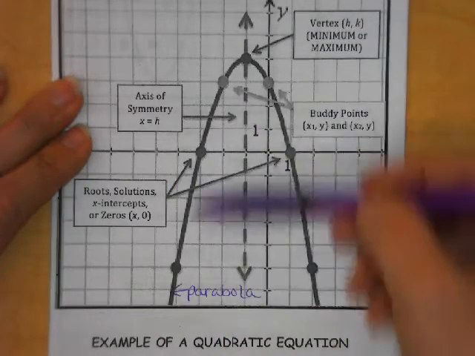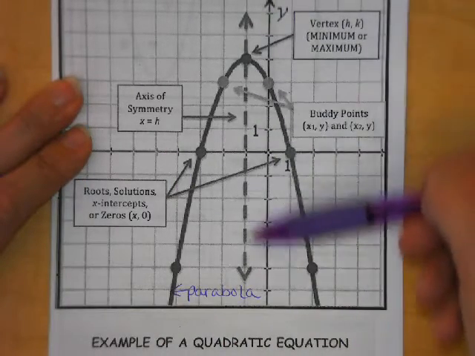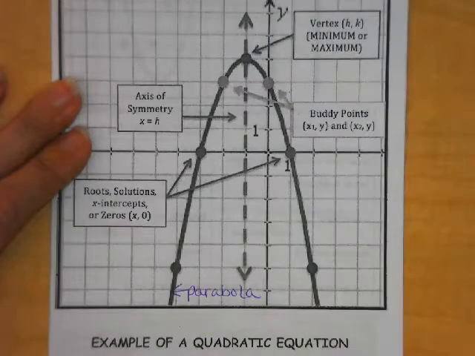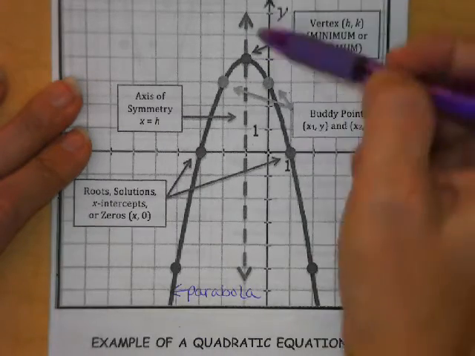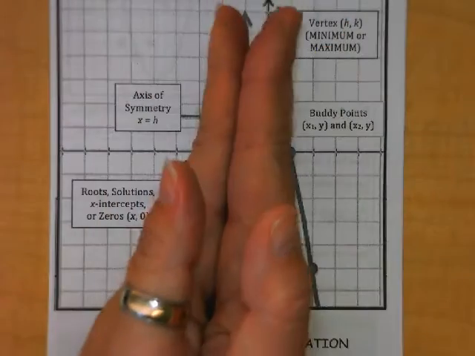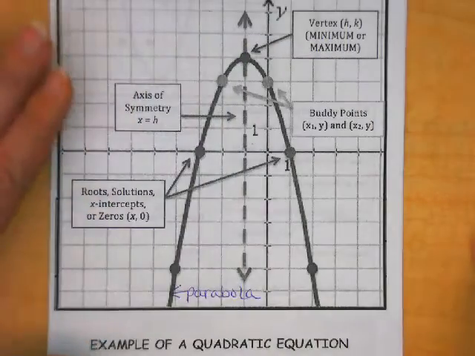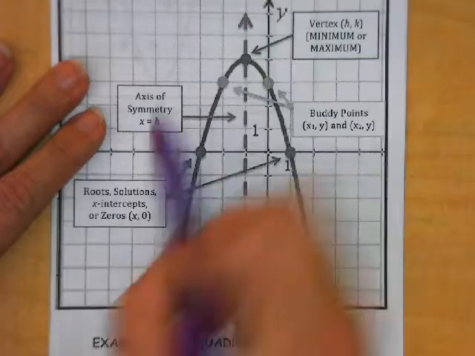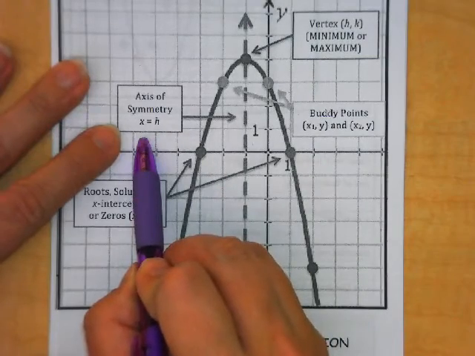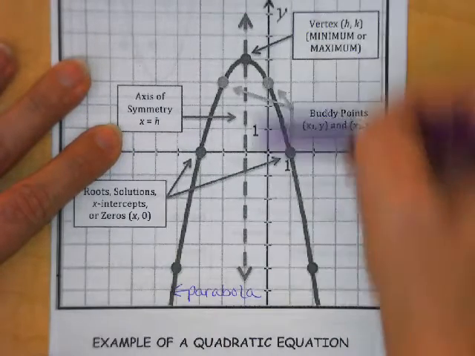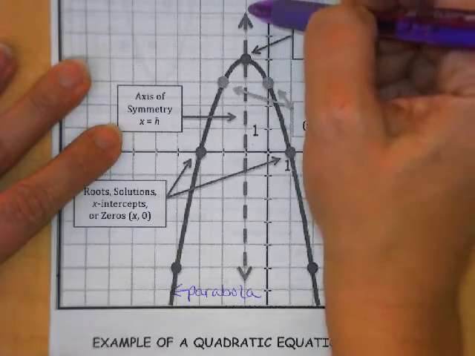A parabola always has an axis of symmetry. If you think way back to when you learned about symmetry, I think that's a 4th grade topic, it means if I was to fold this, it would match up identical. Our axis of symmetry is always going to be an x equals equation because it will always be a vertical line.